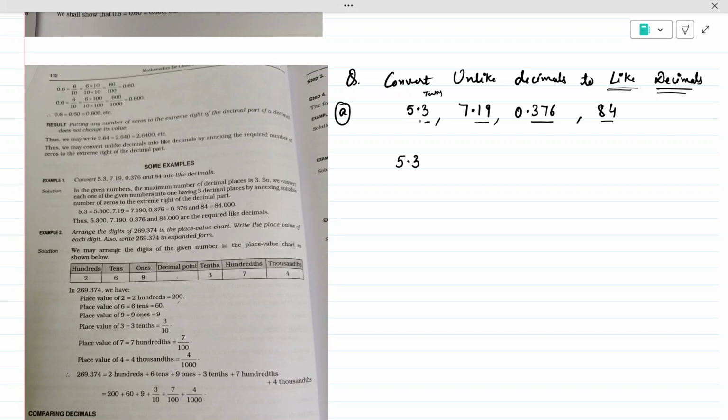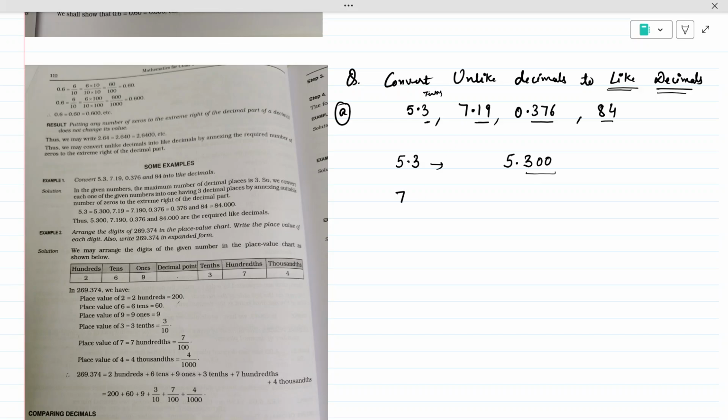We can write 5.3 with 3 decimal places by adding 2 zeros to it, because we have just learned that adding 0 after the last number does not change its value. So the value of 5.3 and 5.300 is the same, but it now has 3 decimal places.